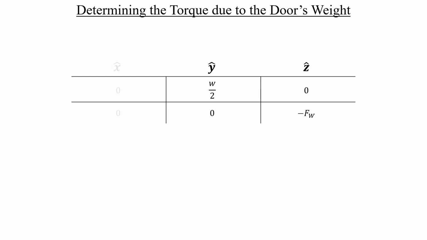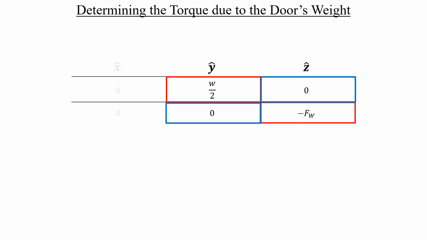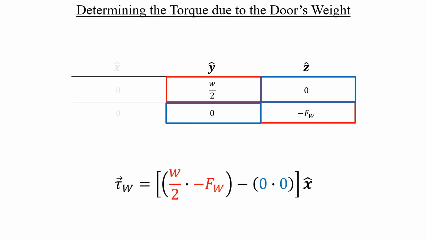Let's multiply this component by this one, as well as this component by this one. If we take the red result minus the blue result, we get the x component of the cross product, which, after simplifying, will look like the following.